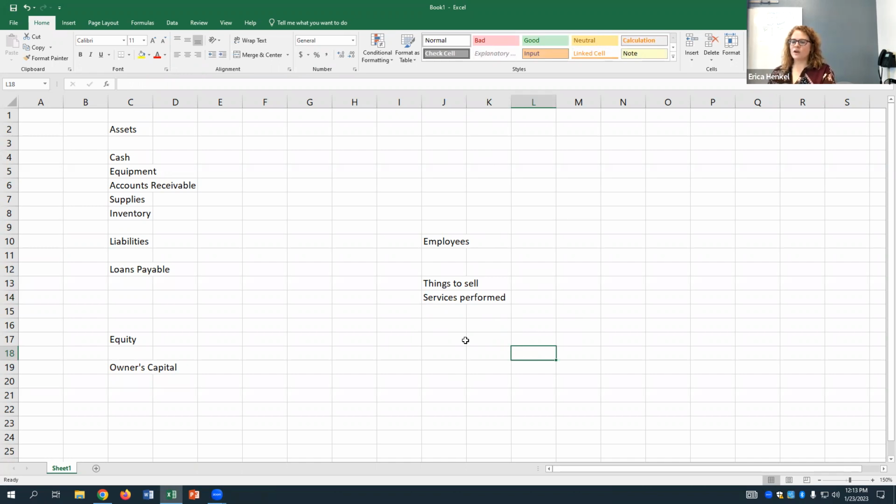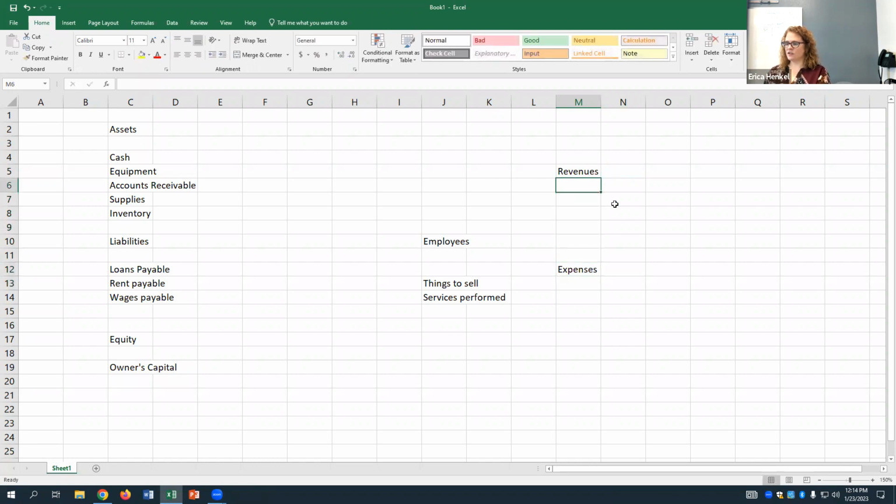What are some other liabilities we might run into? Money that we might owe people for? Rent, yep, so rent payable. Wages, yep, wages payable. And by that same token, revenues and expenses.